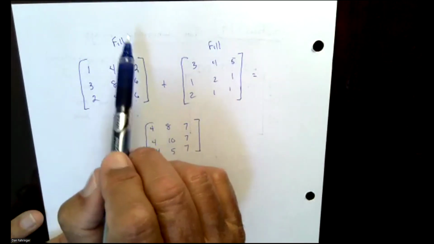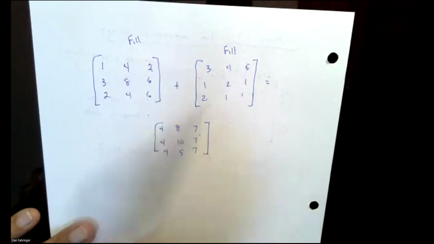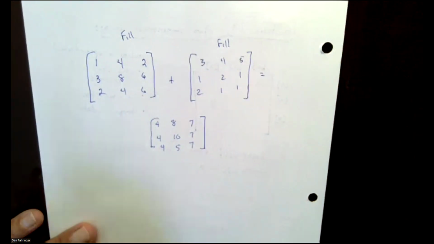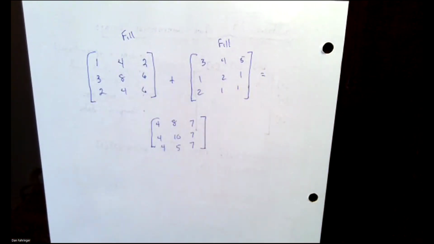Let's see. This fill is going to be the same as this fill. So if I write a method, I can use it twice. If I'm going to display this one, I'm going to use that actually 3 times. Questions? I'm going to make that a little clearer in a second here.